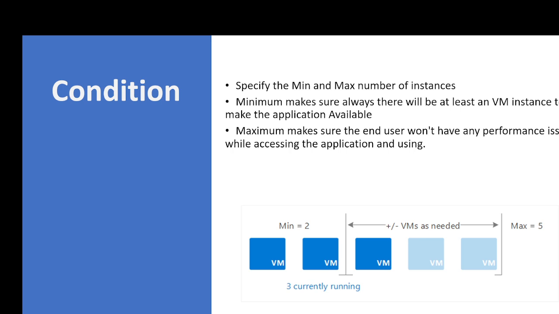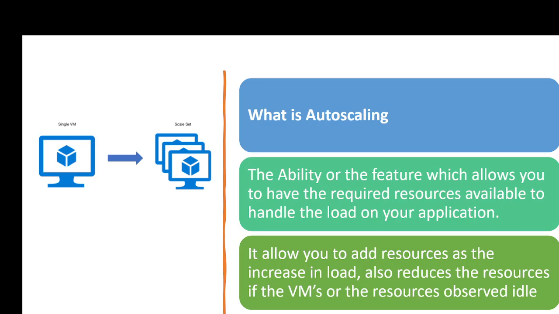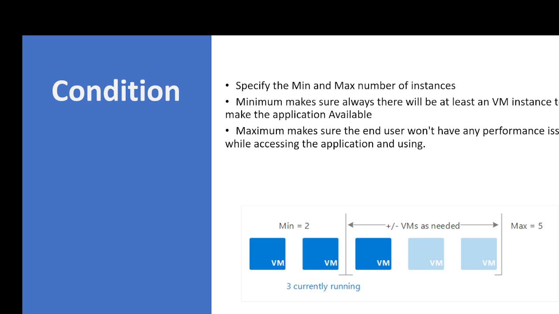So in order to avoid that kind of business loss, we have enabled this auto scaling option. With the auto scaling option, we have defined the condition. Okay, whenever the utilization of the computer is less than 40%, you don't need to do anything.